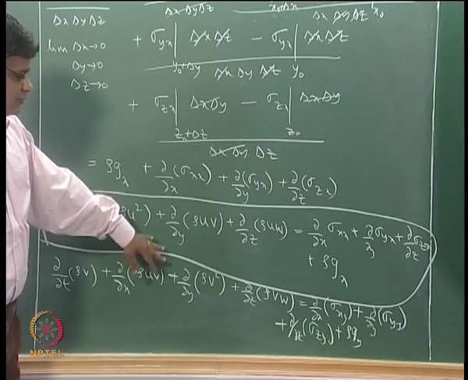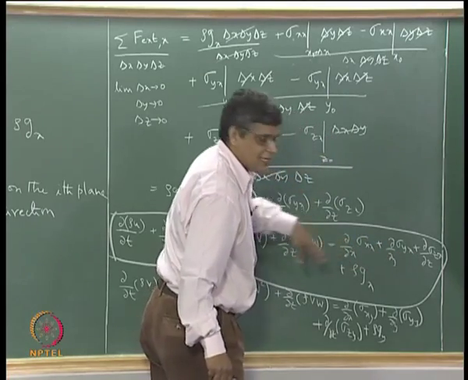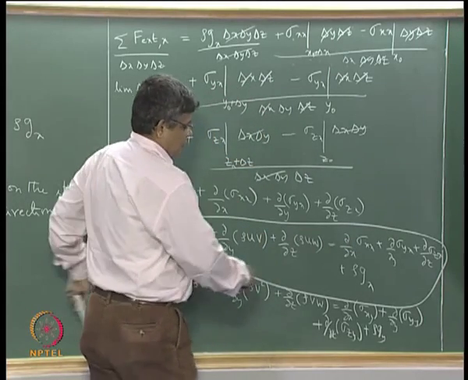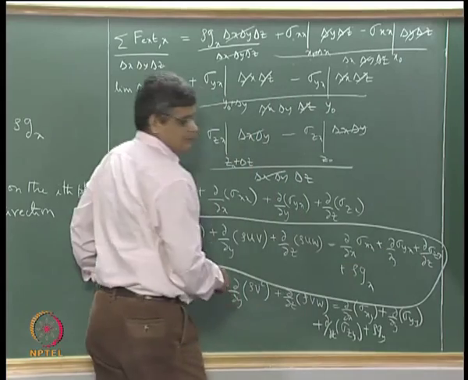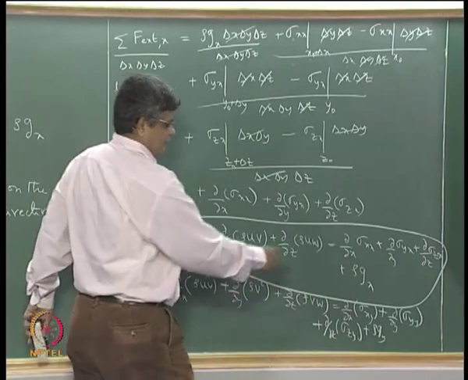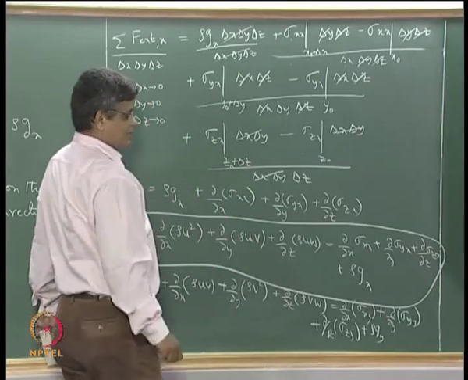When you compare the two, you see that the stresses appearing in the x momentum balance all have x as the second index, because that indicates the direction in which that particular stress component is acting.